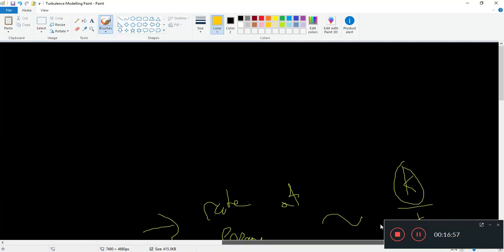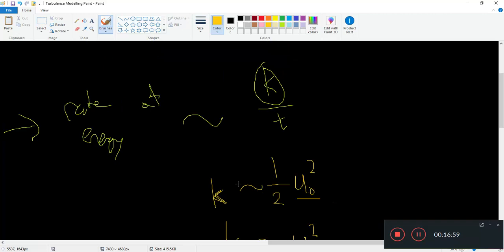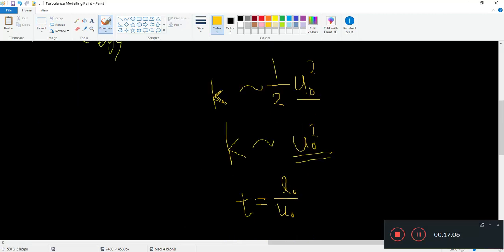Remember, this is from the energy cascade, where we are feeding in from the mean flow into the largest eddy. So this is the length scale that we use. It will be the characteristic length scale of the system, for example, a pipe or channel width.